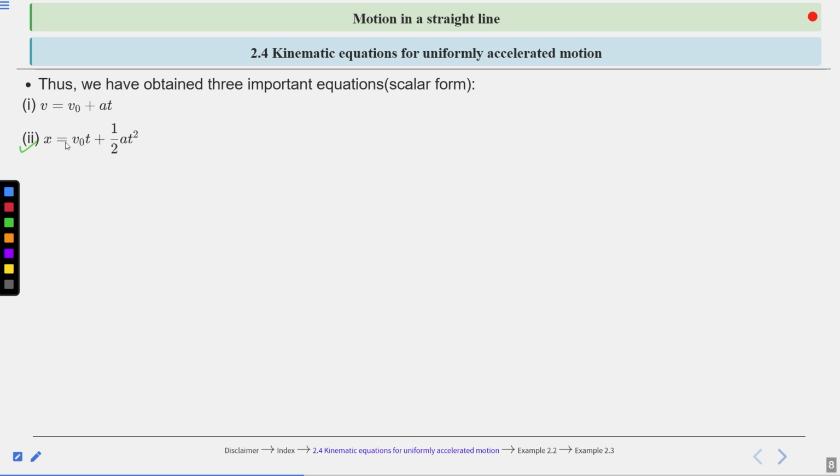The second equation is x is equal to v naught t plus half at square. And the third equation is v square is equal to v naught square plus 2ax. And let this be equation 2.9a. Clear?